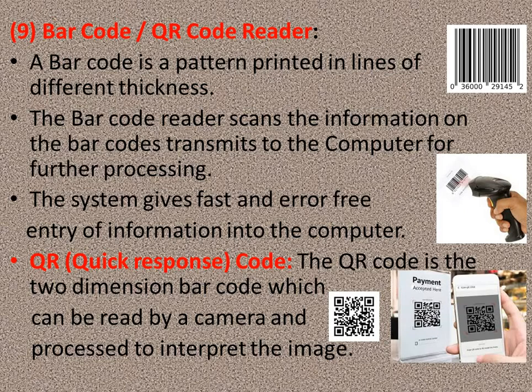The next one is QR, that is quick response code. A QR code is a two-dimensional barcode which can be read by a camera and processed to interpret the image. You can do payment. You can see a QR code in your textbook also. You can get the details about that.